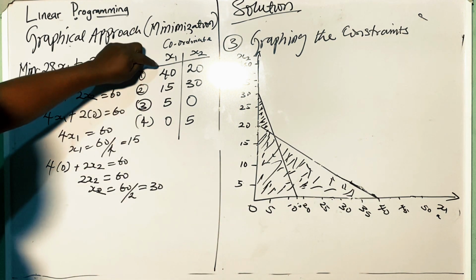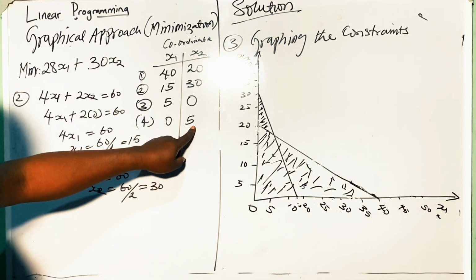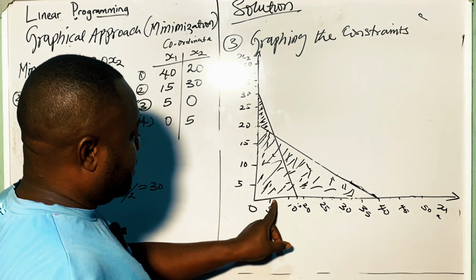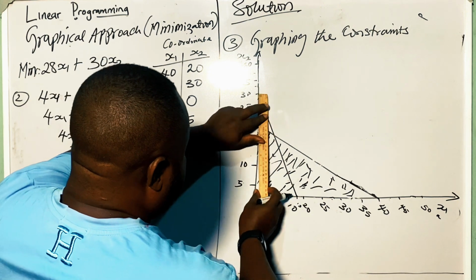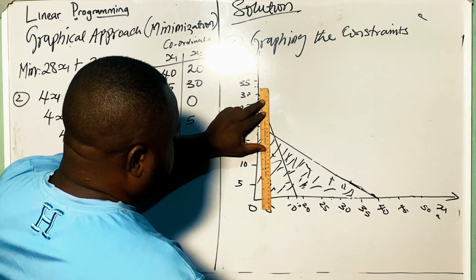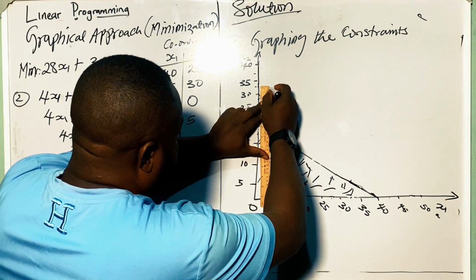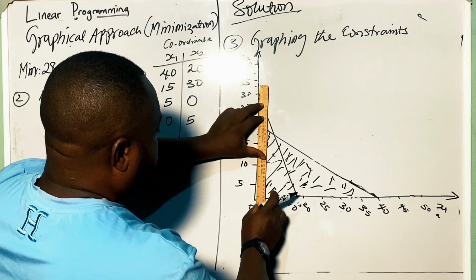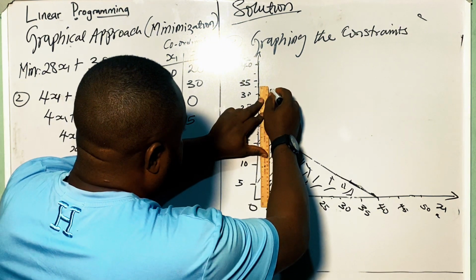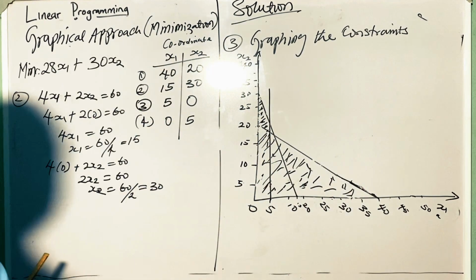Now the maximum requirement. For x1 we have 5, and for x2 we have 5. So for x1, which is here, we have 5, and we're going to draw a perpendicular line at 5.